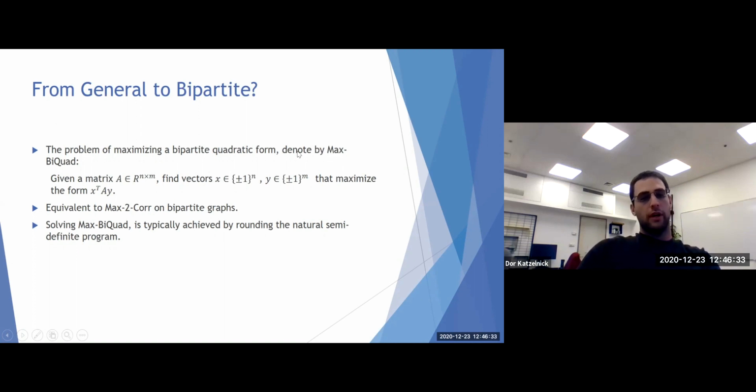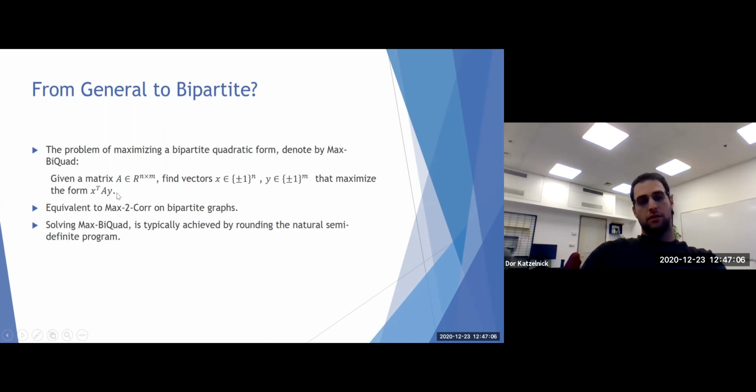It's similar to max quad, but here we want to maximize a bipartite quadratic form. We're given a matrix, but now it is an n by m dimensional matrix, and we want to find two vectors, x and y. X is an n-dimensional vector over plus and minus 1, and y is an m-dimensional vector over plus and minus 1, and these vectors will maximize this form, x transpose A y.